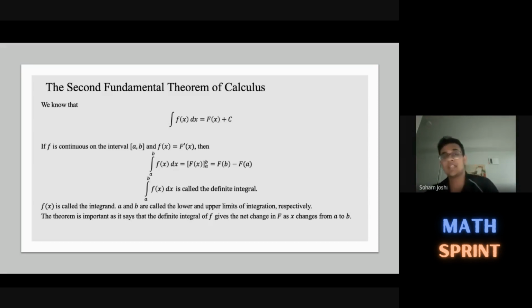So what it means is that you have to plug in the values of b and then a and then take their difference to get that definite integral to be evaluated. So the second fundamental theorem of calculus is important because it says that the definite integral of f gives the net change in uppercase F as x changes from a to b.